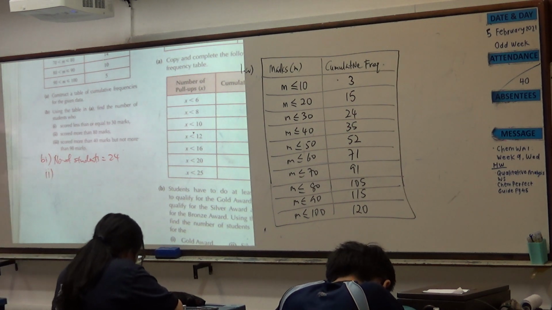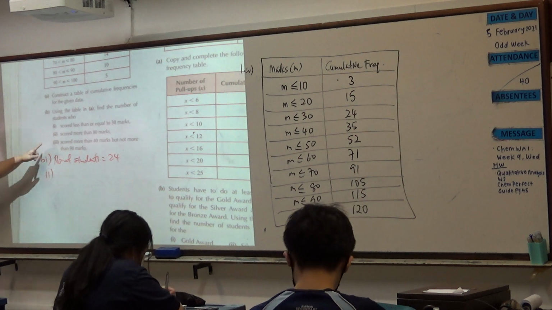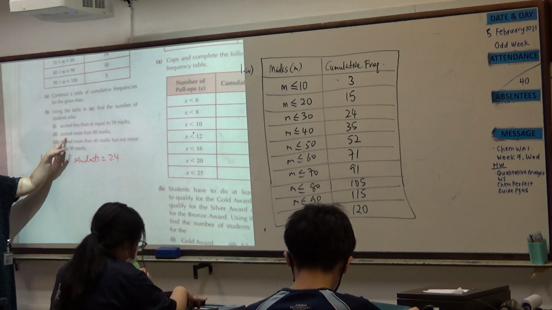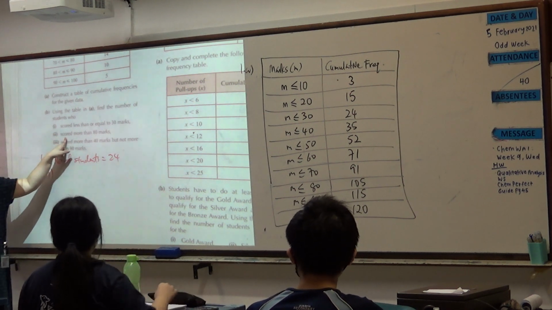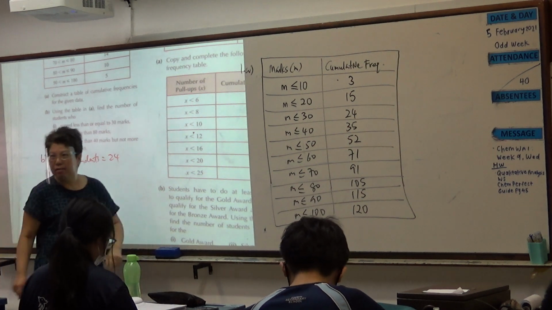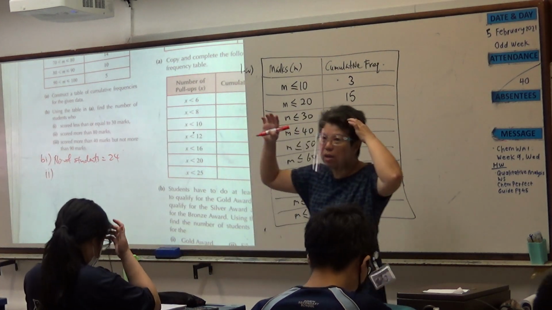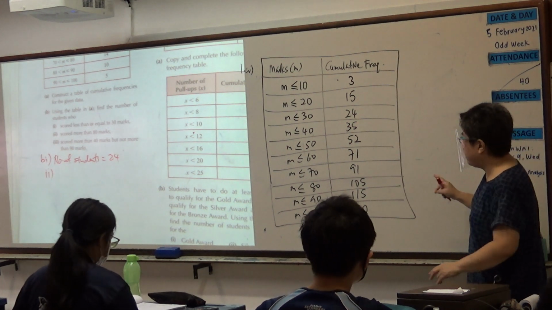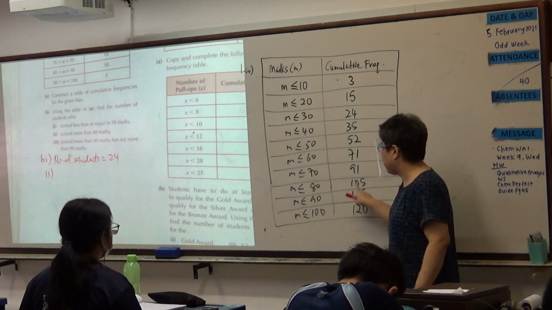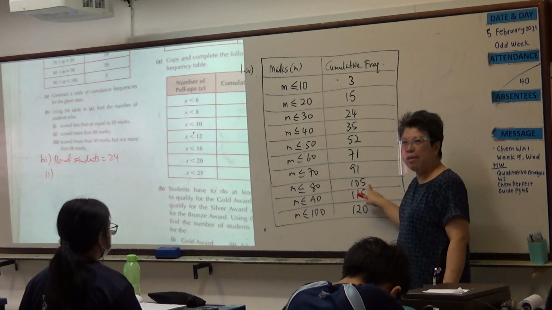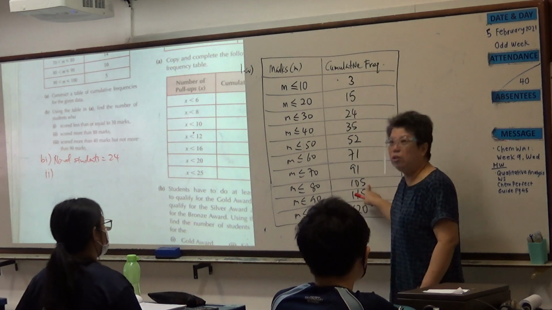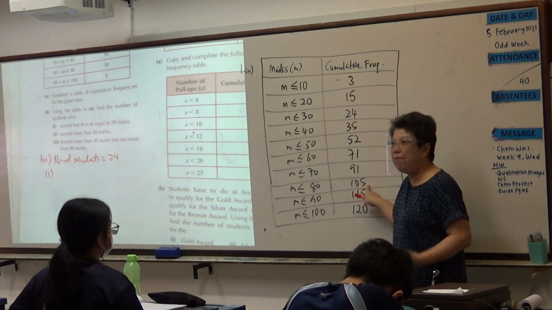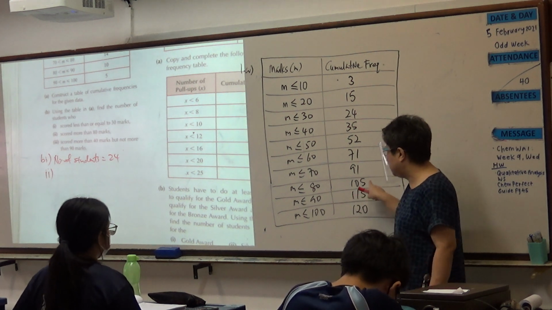Now part 2. Be careful. Everyone look up. What did they say? Scored more than 80, right? I want all of you to look at the table. Now if you look at this one, 105, what does it represent? Less than or equal to 80, right? If I want more than 80, I must take 120 minus 105.